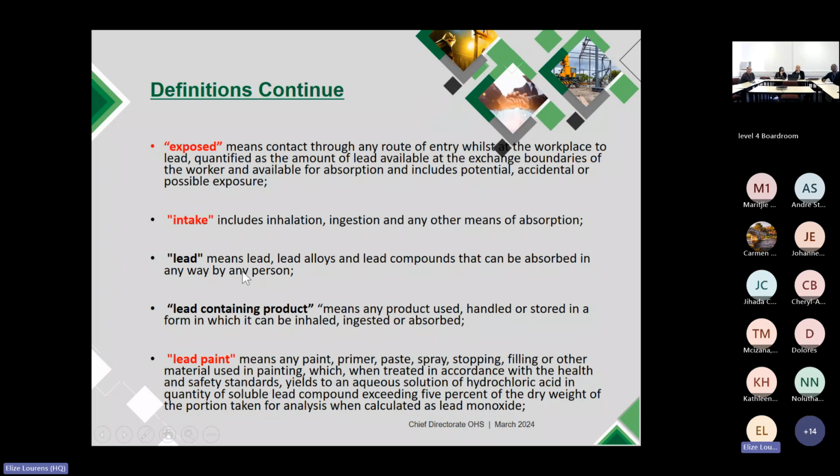Next one I want to look at is "exposed." This is a commonly used term, and hopefully we can just make sure and standardize the understanding around that term.